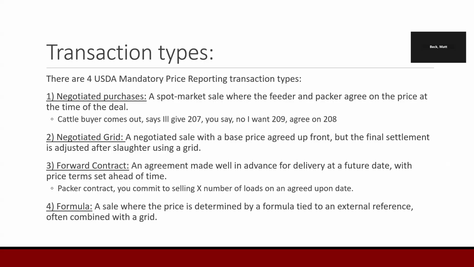Then you have a formula. So this is a sale where the price is determined by a formula that is tied to an external reference. So that base price being tied to an external reference could be the USDA 5 area mandatory price reporting, and they're typically based off of negotiated purchases from that week. Which of these do you think most people are doing?